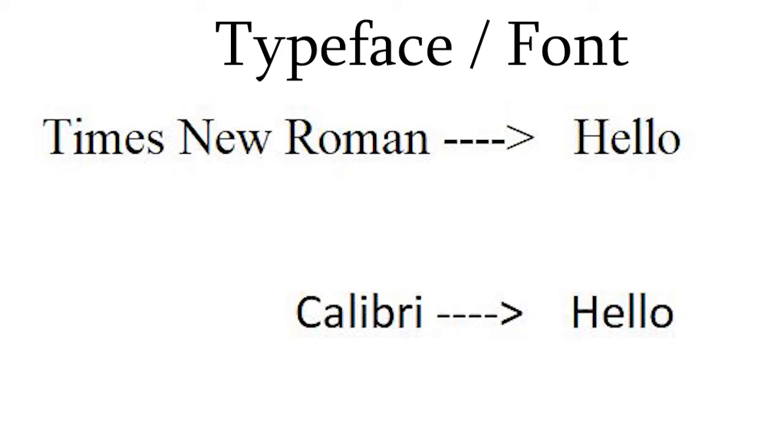It's got more of those pretty little thin edges all over the place, while Calibri is more rounded. And you'll notice that every single font or typeface has its own design, and each design can say something different. Like Calibri is more casual than Times New Roman.